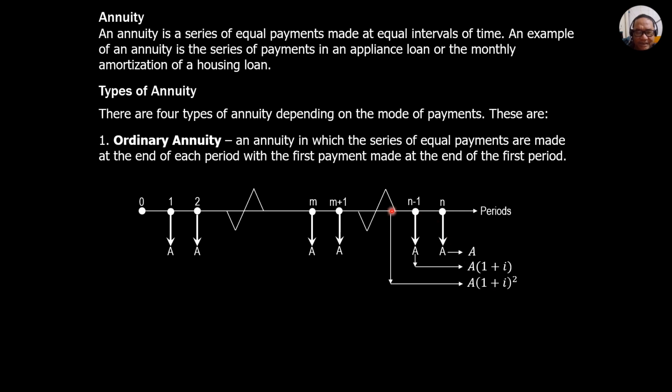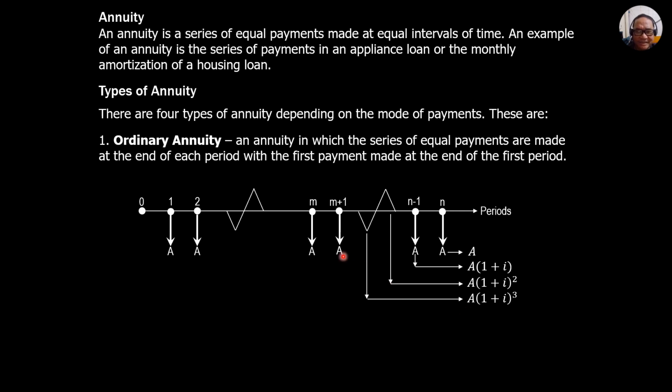It occurs at n minus 2 here. The distance is 2, so that's why we have to magnify it by raising the power of 1 plus I to 2. Then for this case, in general, A times 1 plus I to the power 3, and so on and so forth.